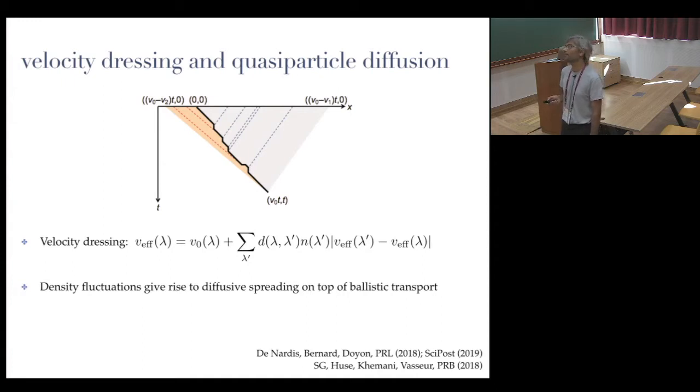And so the average effect of these jumps is encoded in the dressing of the velocity, and the fluctuations in the number of collisions that your test rod encounters in a given time gives you the diffusive correction to ballistic propagation. So the important thing to note here is this factor of the velocity differences, because we were confused about this for a while. Now it seems embarrassing, but we were.